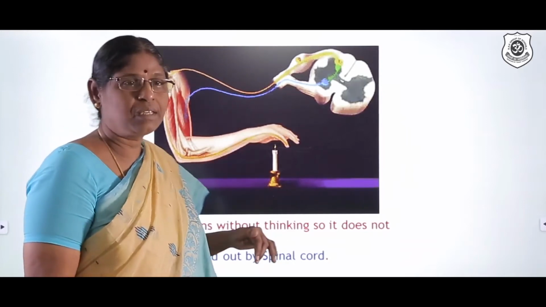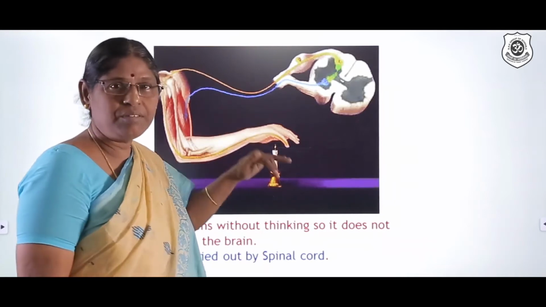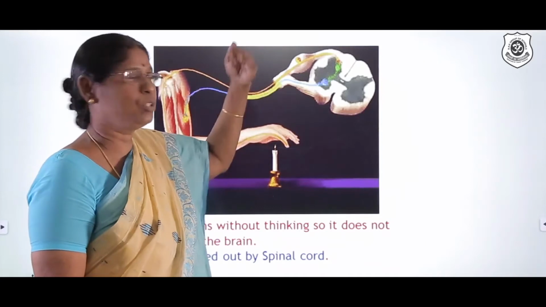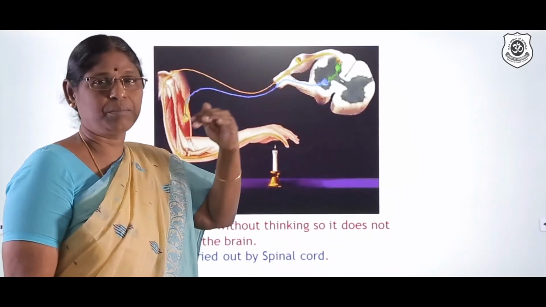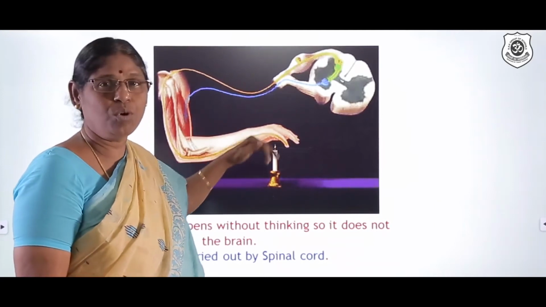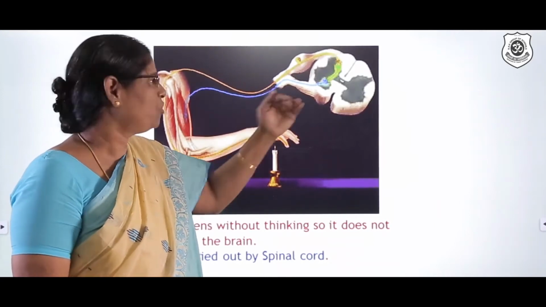If this nerve has to carry the impulses to the spinal cord and from there to the brain, it may take a very long time. Of course, a short span only, but even then the damage will be there. So it has to be much faster.